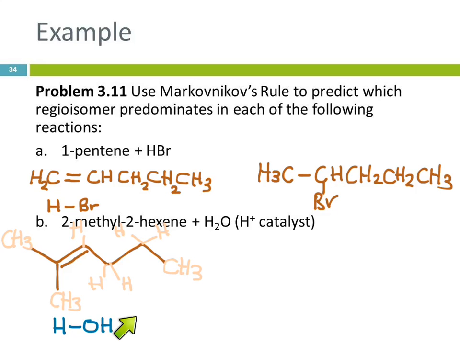And as this water molecule approaches this double bond to add to it, the hydrogen is looking for its friends. This carbon has a hydrogen bonded to it. This carbon has no hydrogens. So this guy is wanting to bond to that carbon, which leaves the OH to go to the other one.